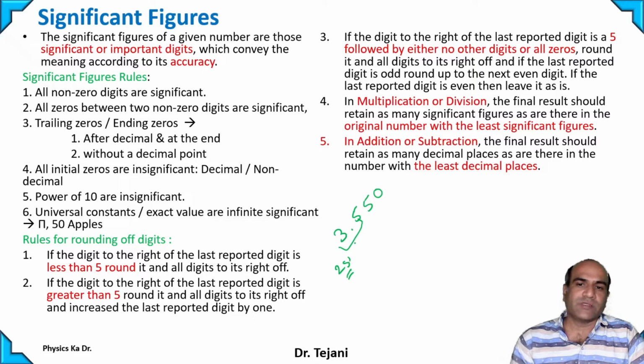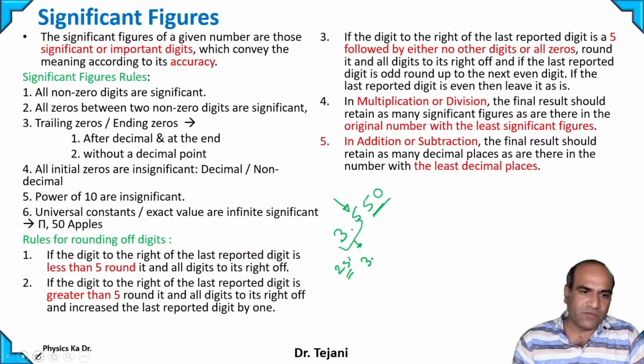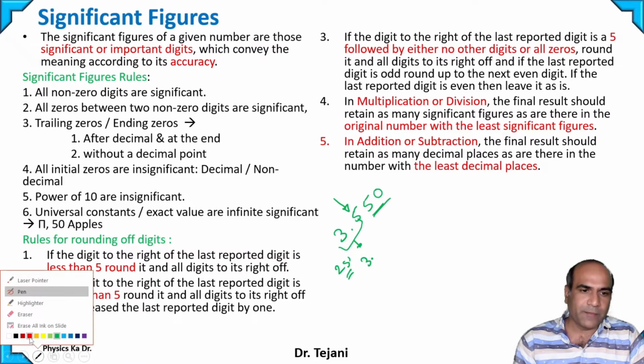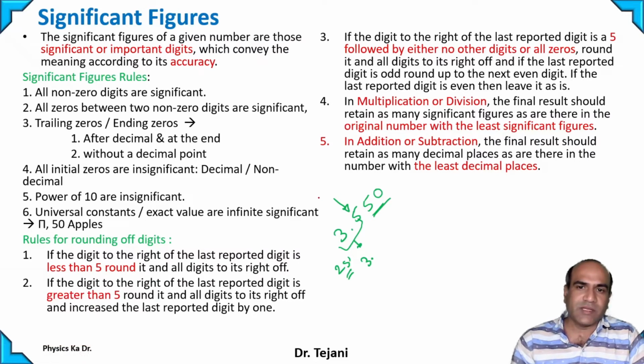We need to check this number, the 5. If this number is odd, then it becomes even, just plus 1. So here 3.5 becomes 3.6. Here the number is odd.